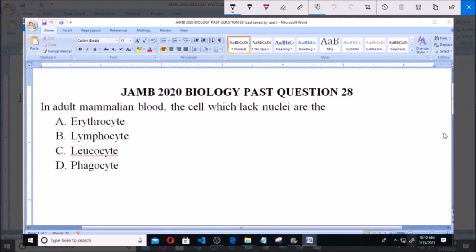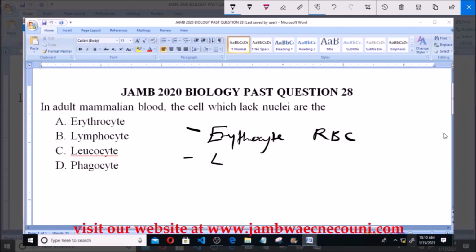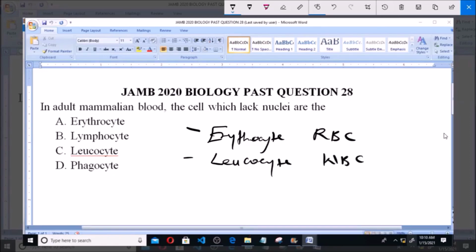Now, the cells in the mammalian blood include: 1. The erythrocytes. These erythrocytes are known as the red blood cells, RBC. We have the leukocytes. The leukocytes are referred to as the white blood cells. Then we have the thrombocytes. Now the thrombocytes are referred to as the platelets in the mammalian blood.